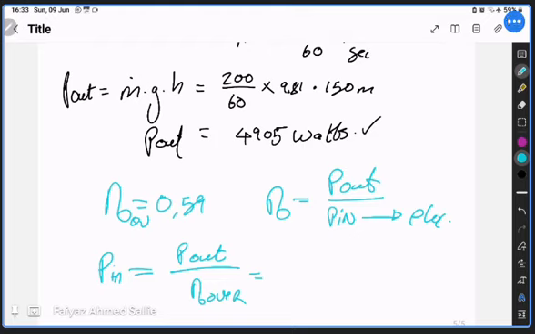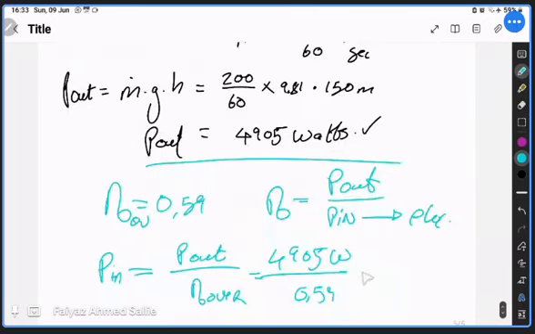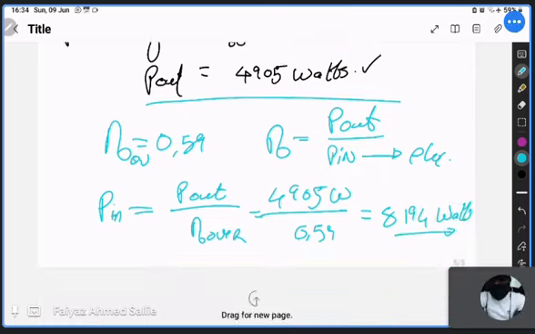So power out is 4905 watts over the overall efficiency of 0.59, and we get a power in of 8194 watts. That is our input power.